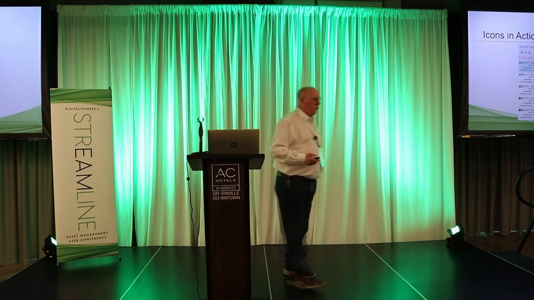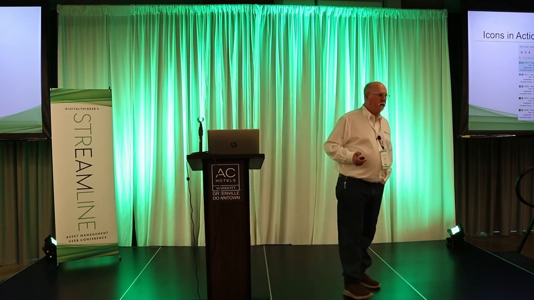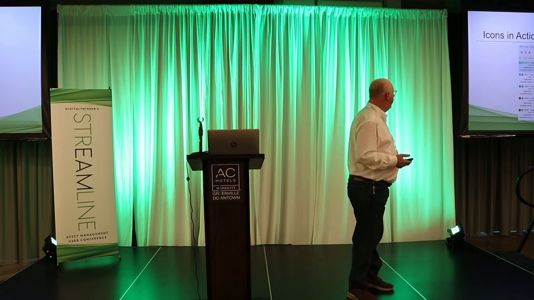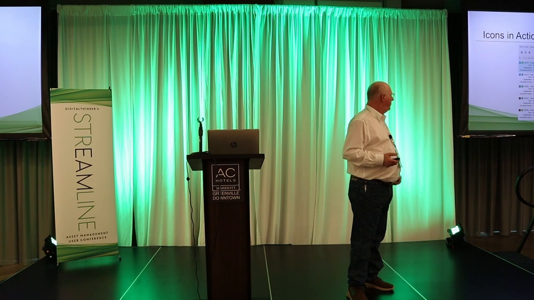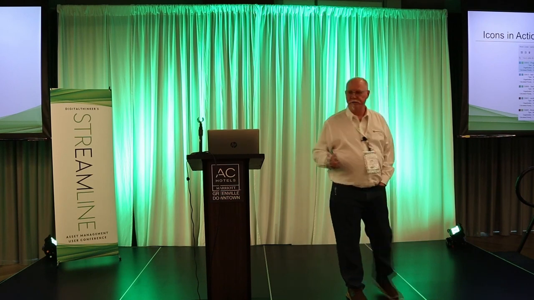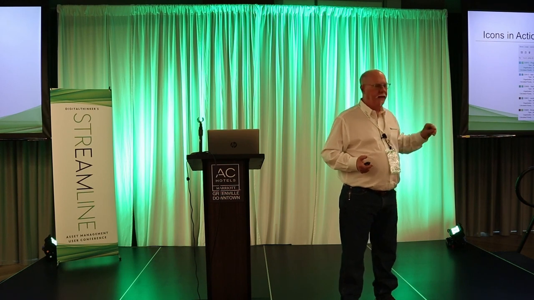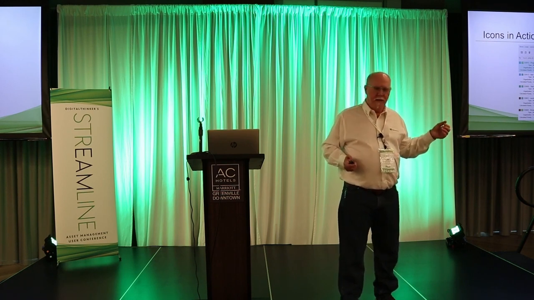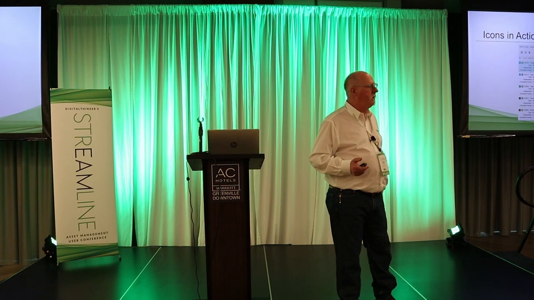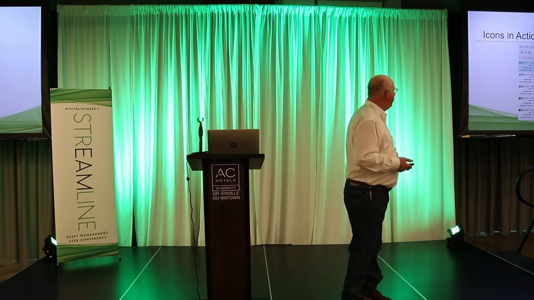Icons in action. This is what my demo environment looks like. We've got a priority icon, a certain color, and then we've got a status icon, a certain color. So you see two. And you just have to remember the priority icon is the one on the left, and the status icon is the one on the right. And these visual indicators tell you what you've got to do.